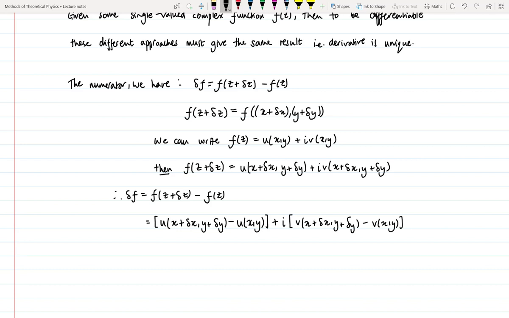So this first term, the change in the real part, we can denote as delta u, and the second part, the change in the imaginary part, we can denote delta v.